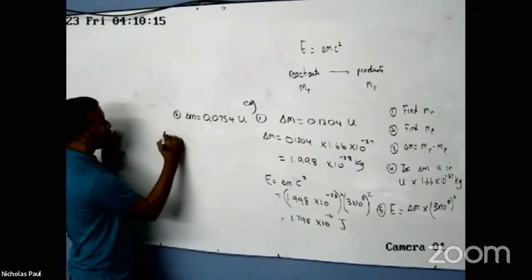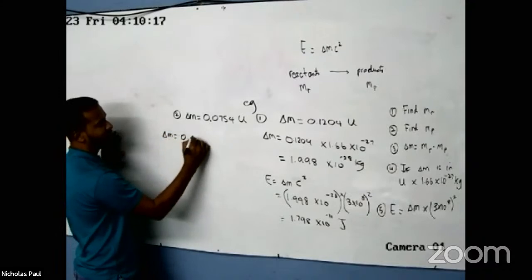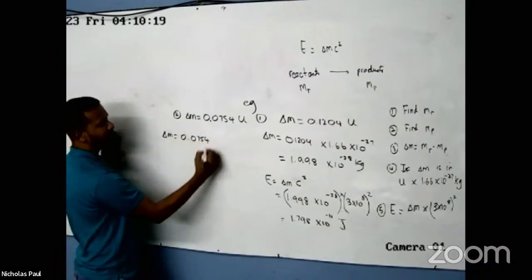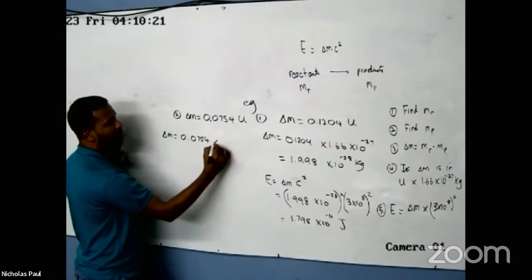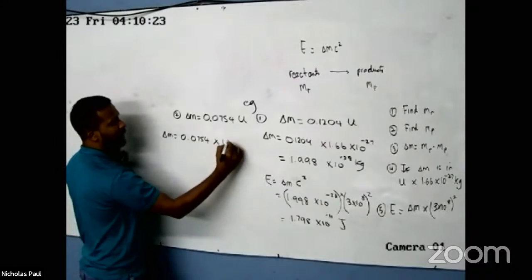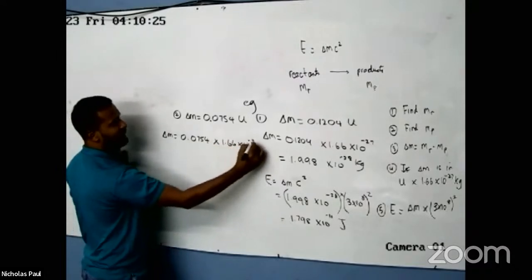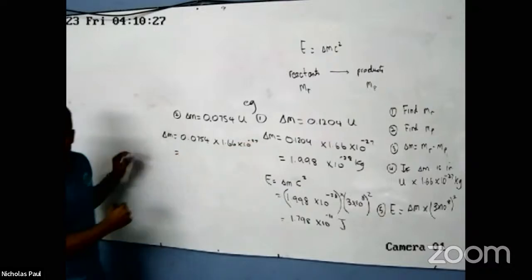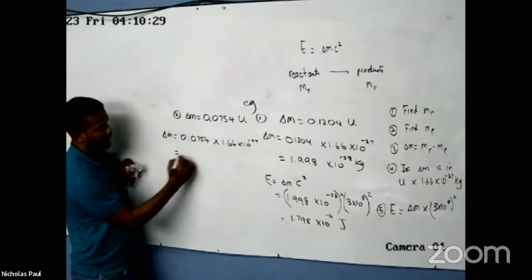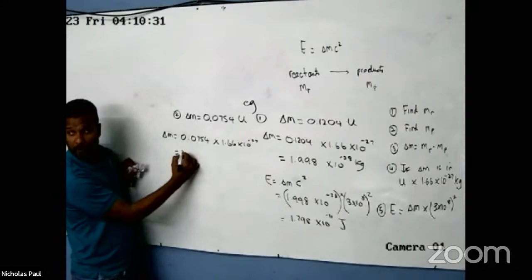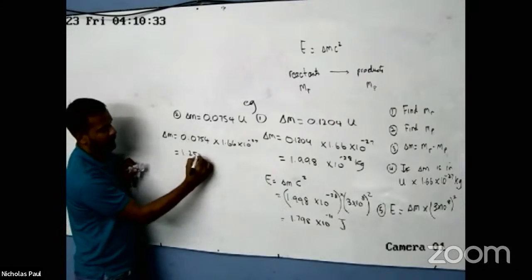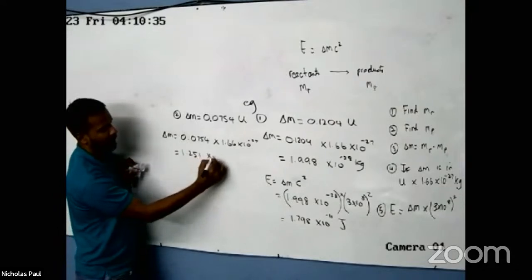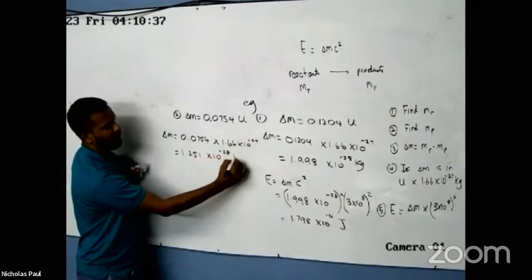So delta M is equal to 0.0754, that's the value in U, and I'm multiplying by 1.66 by 10 to the minus 27. What did you all get?